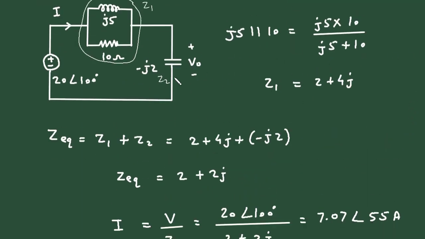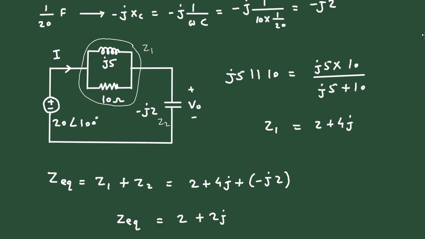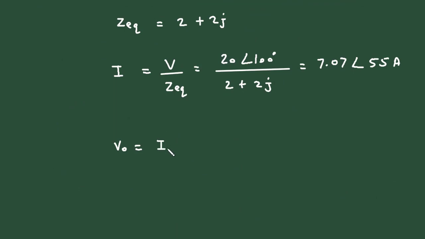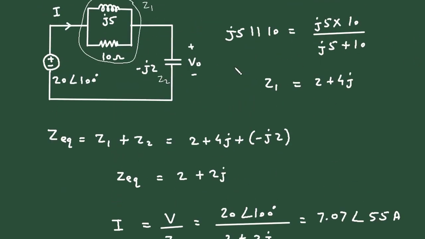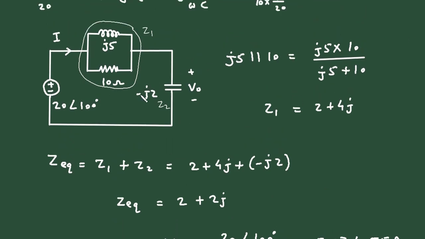Now we can easily find the value of VO. So VO is equal to current I multiplied with impedance Z2. The value of current I is 7.07 at an angle of 55 multiplied with Z2. The value of Z2 is minus j2.